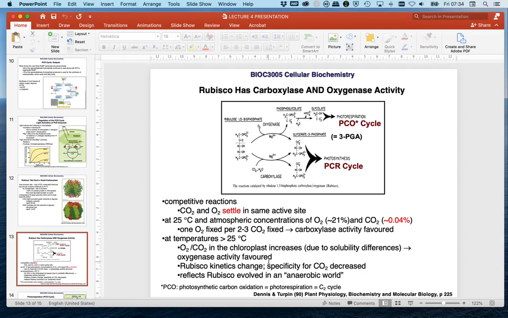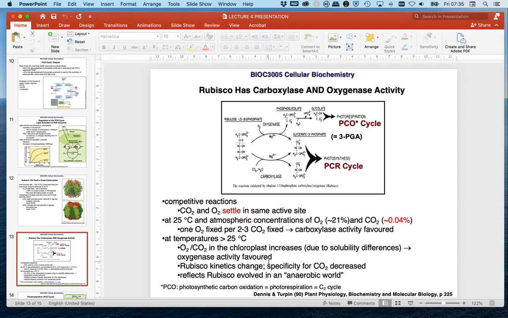And the oxygen concentration in the atmosphere started building up. Okay? That allows us to live, it allows other animals to live, but it also induced this oxygenase activity of Rubisco. So plants have to deal with that now. Okay? It's definitely a competitive reaction, whether there's carboxylase activity or oxygenase activity.